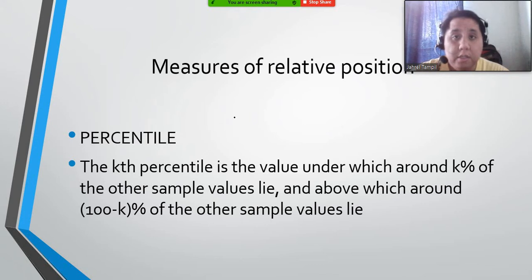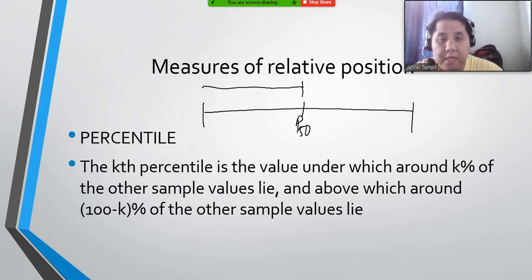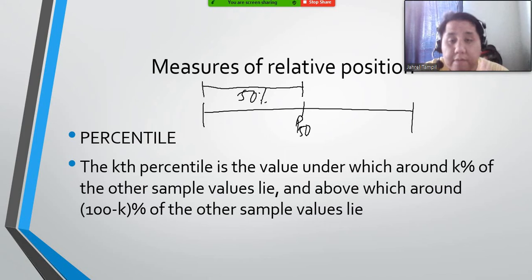So to illustrate the definition, let's have this example. Let's say I'm looking for the 50th percentile. By definition, the 50th percentile has 50% of the dataset below it, because 50% lies below it.